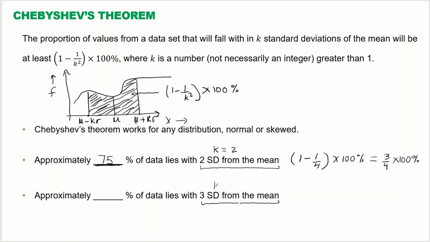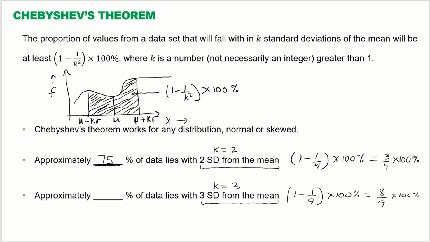In this case, k is equal to 3. If we plug in k equal to 3 in the above formula, we have 1 minus 1 over k squared, 3 squared is 9, times 100%, which is equal to 1 minus 1/9, which is 8/9, times 100%.